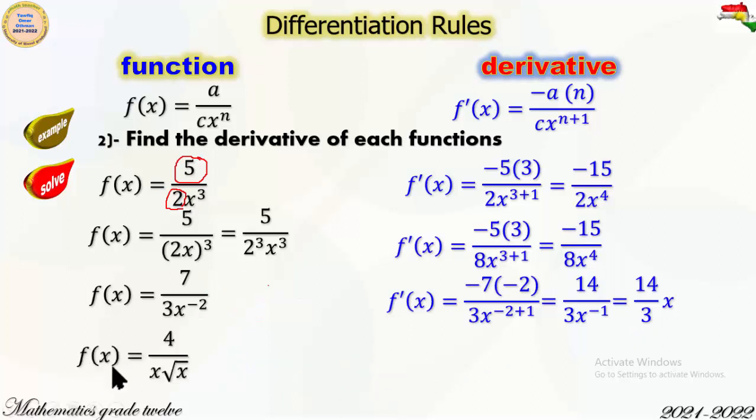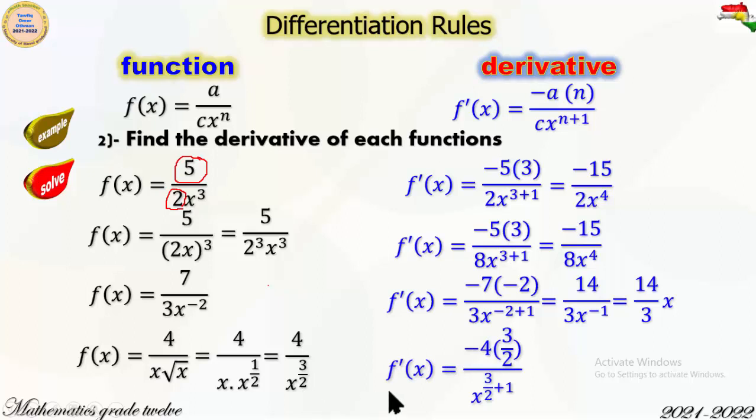If you have f of x is equal to 4 over x square root of x, here you must simplify the denominator, which becomes 4 over x times x to the power 1 over 2. It equals 4 over x to the power 1 plus 1 over 2, 1 half, it's 3 over 2. Then take the derivative, f prime of x.